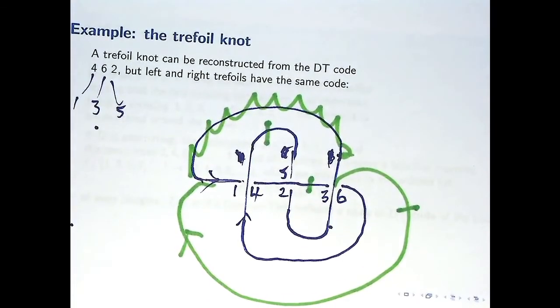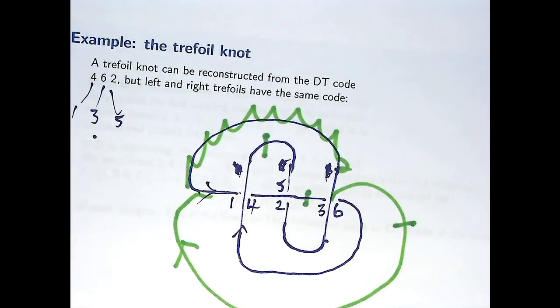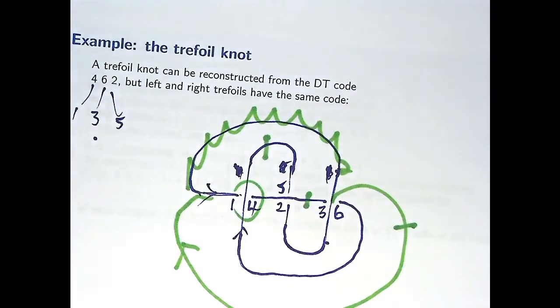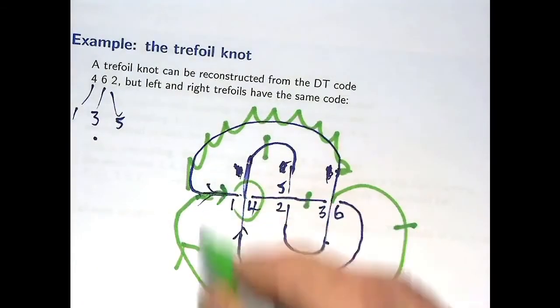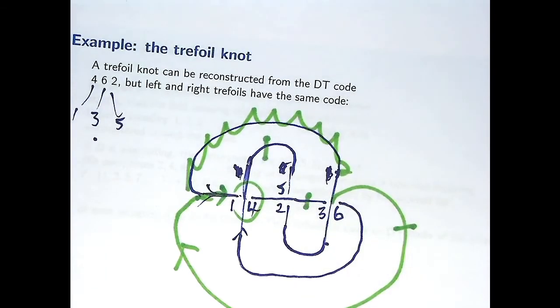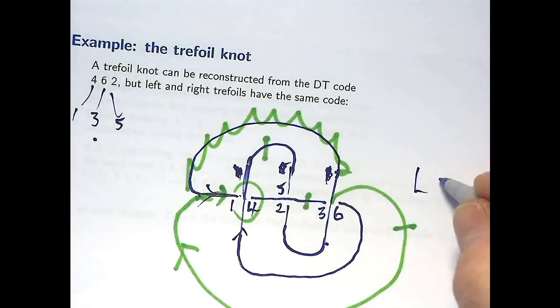And so if you look at one of the crossings now, let's look at, say, this crossing, and let's look at the arcs on the outside, which are this one here, and this one coming in, the green one coming in here, as an underpass. So that looks to me like it's the left trefoil now. Okay, so I claim this is the left trefoil.